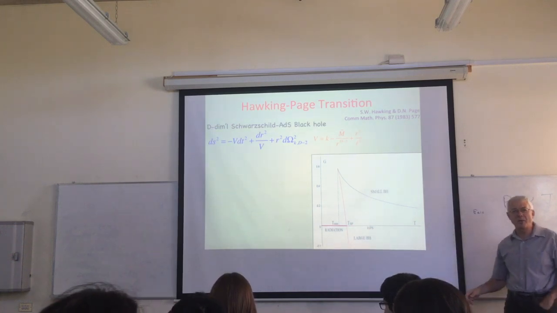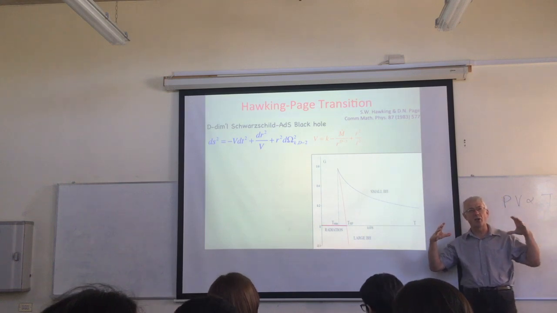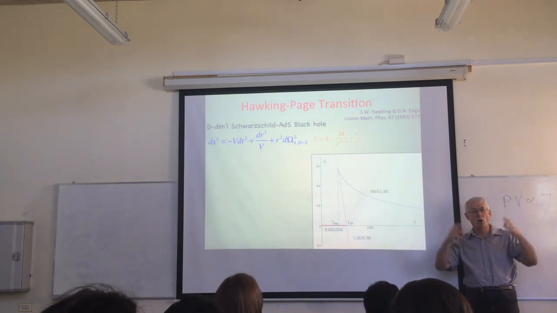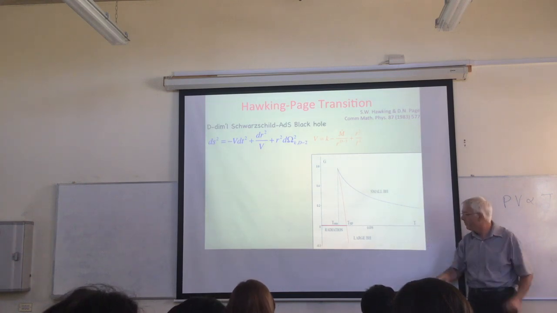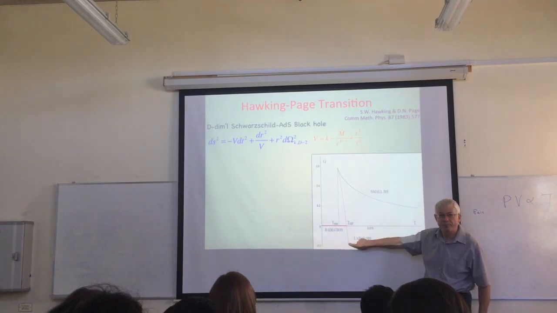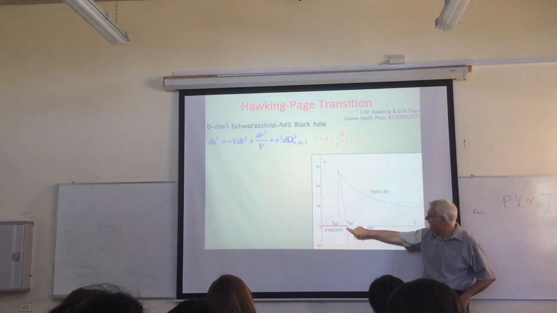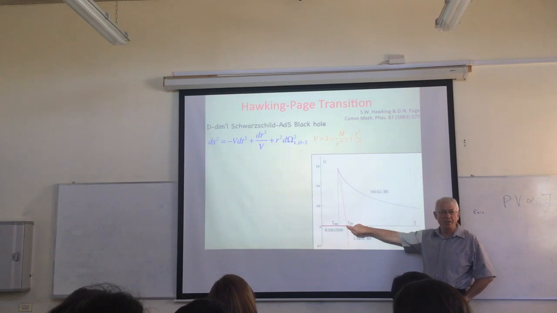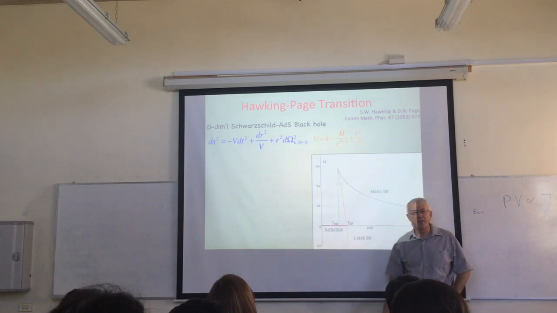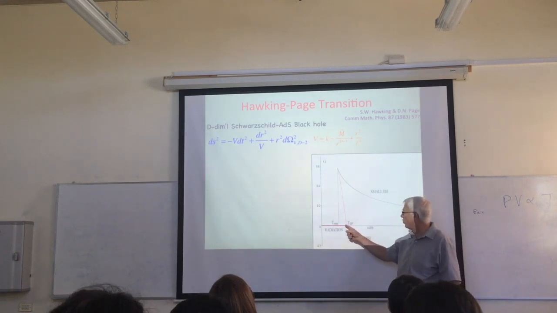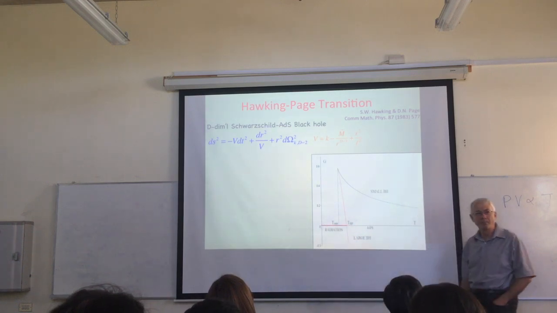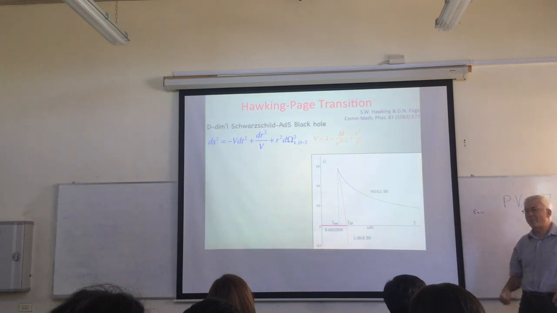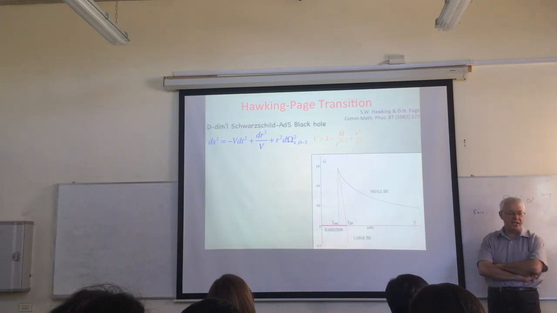You can think about it like this. Suppose you start with a large black hole in AdS. This black hole will want to radiate. As it radiates, it'll get smaller and smaller, and it will march this way. It's the stable minimum, but eventually its free energy goes to zero. At which point, they argued, it would be thermodynamically favorable for the black hole to disappear entirely and become pure radiation, perhaps a gas of thermal gravitons in AdS.